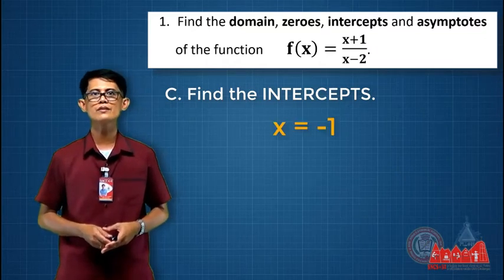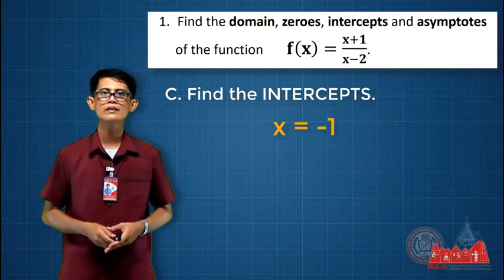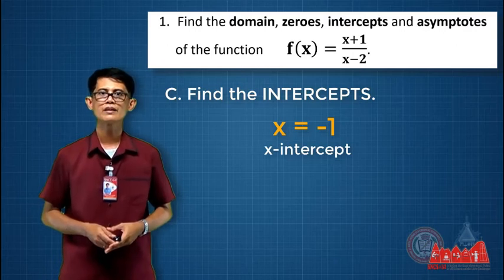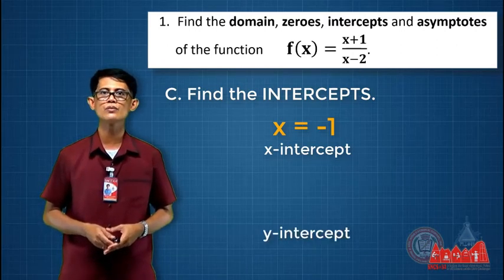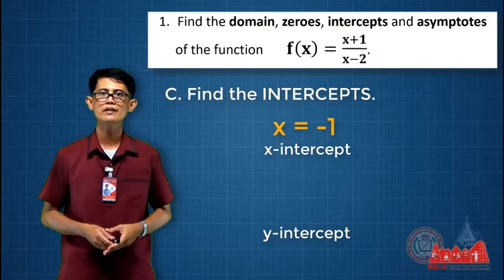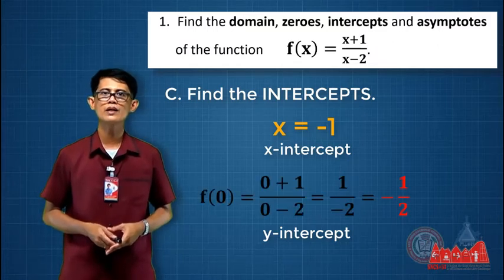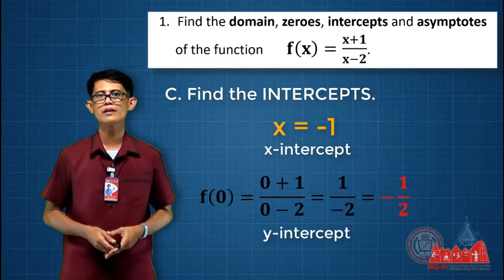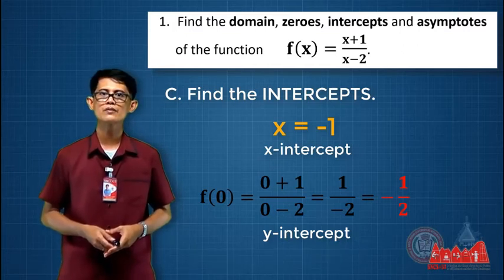Since the zero of the function is x equals negative 1, it is also an x-intercept. The y-intercept of a function is equal to f of 0. In this case, f of 0 equals 0 plus 1 divided by 0 minus 2 equals 1 divided by negative 2, or f of 0 equals negative 1 half.